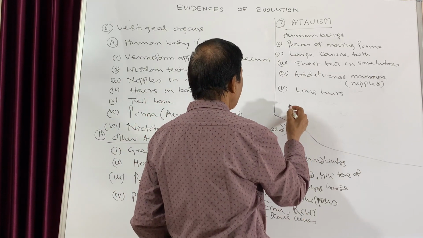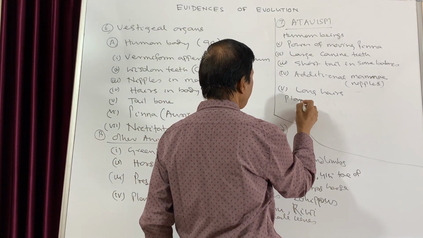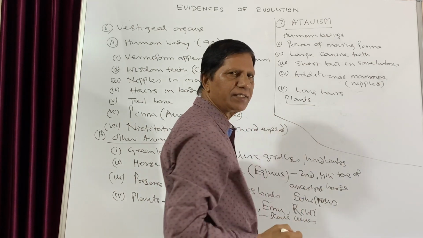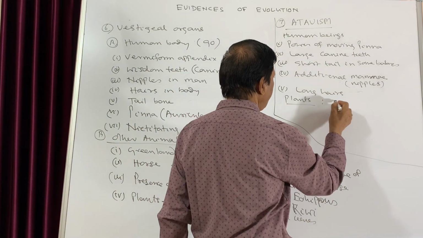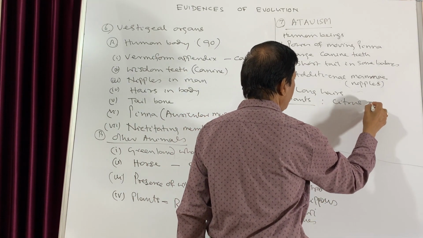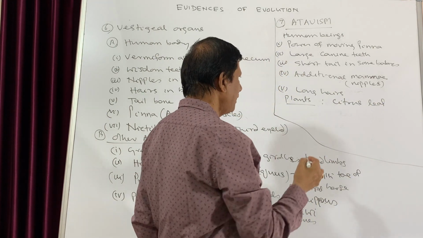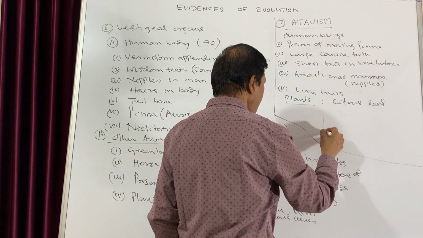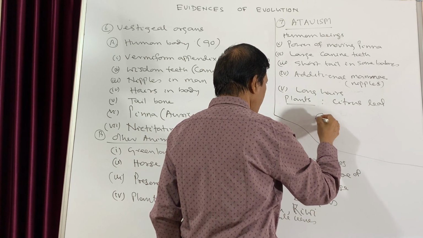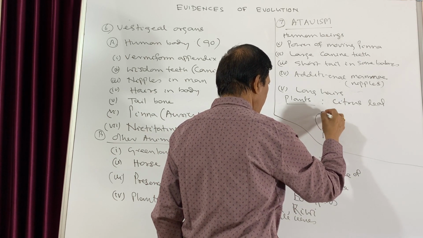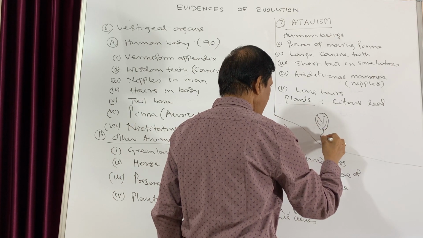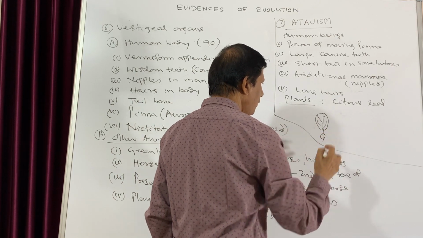Now if we give one example from plants, the best example is that of the citrus leaf. All of you have seen the citrus leaf. In the citrus leaf, this is the petiole, and in the petiole there is a wing-like structure.